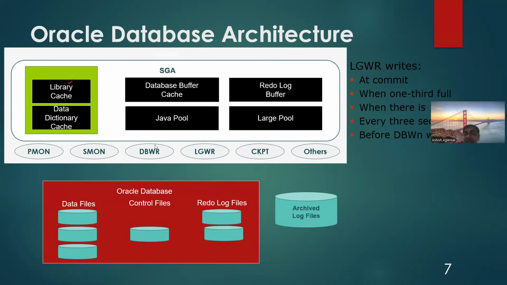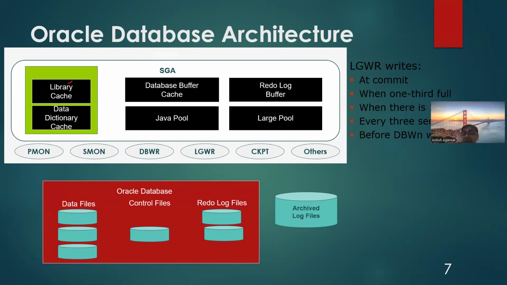Now using the database writer process, it gets written into the data file. So there is a database writer, DBWR, process with the help of which the data you have updated gets written into the data file. Now before the database writer can write the data to the data file, the dirty buffer gets written into the redo log buffer as well.